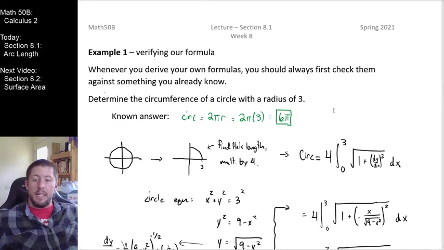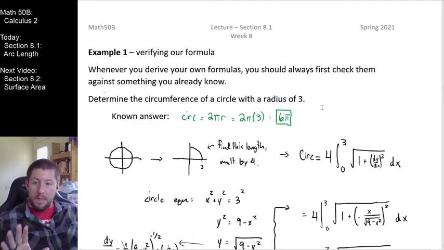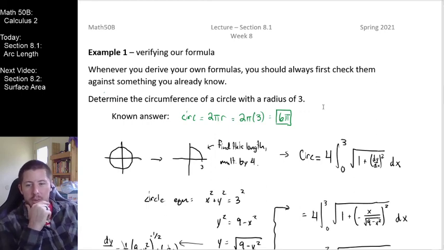We've already proven in this class, a few weeks ago, when we did our very first trig substitution problem, which was to find the area of a circle. And we proved that the area of a circle was in fact pi r squared. So if you knew that the area of a circle is pi r squared, how do you know that the circumference of a circle must be 2 pi r?